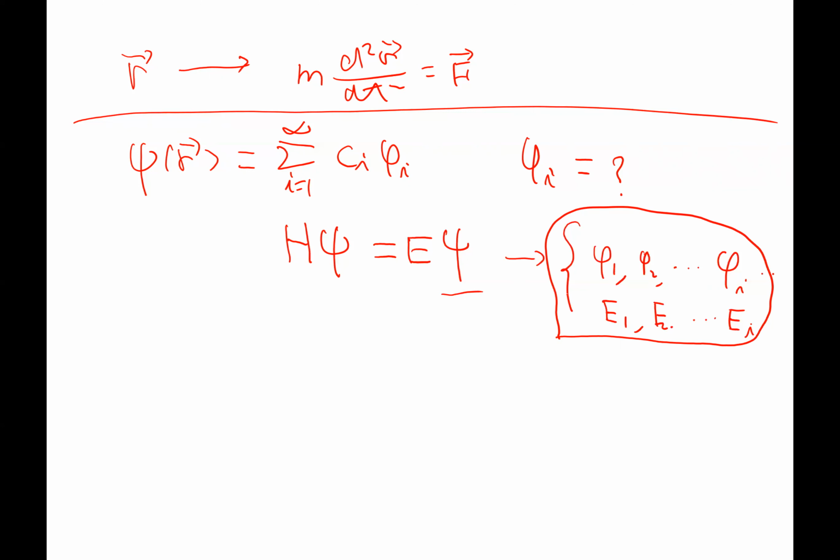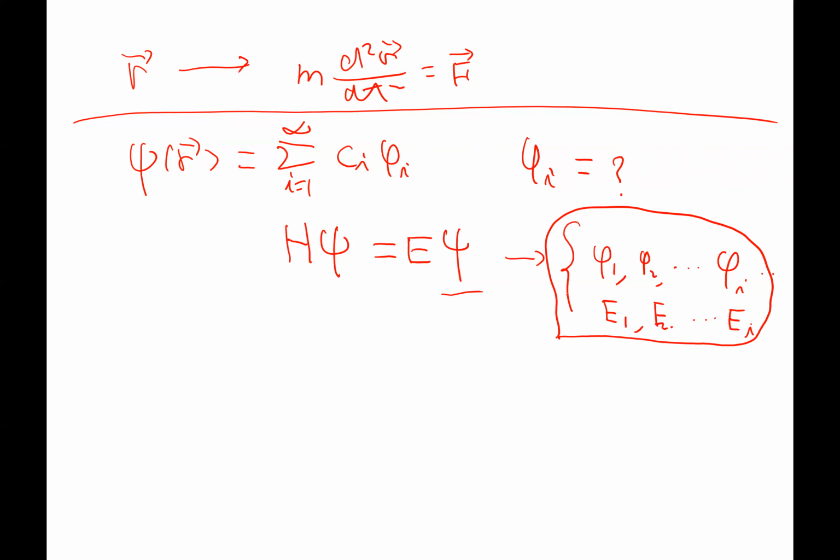And if you apply a driving force, how will this state change? That basically is the so-called time dependent Schrodinger equation, which we will not deal with. We only deal with this kind of stationary case, right?